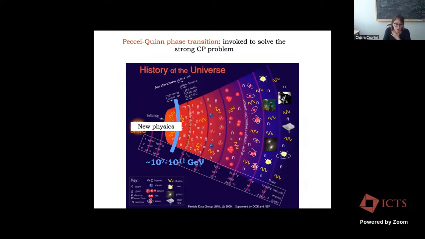I list this because, although we are not at all sure that it happened, it can be seen as a motivated, notable energy phase in the history of the universe, because it's motivated from a problem in the standard model of particle physics.